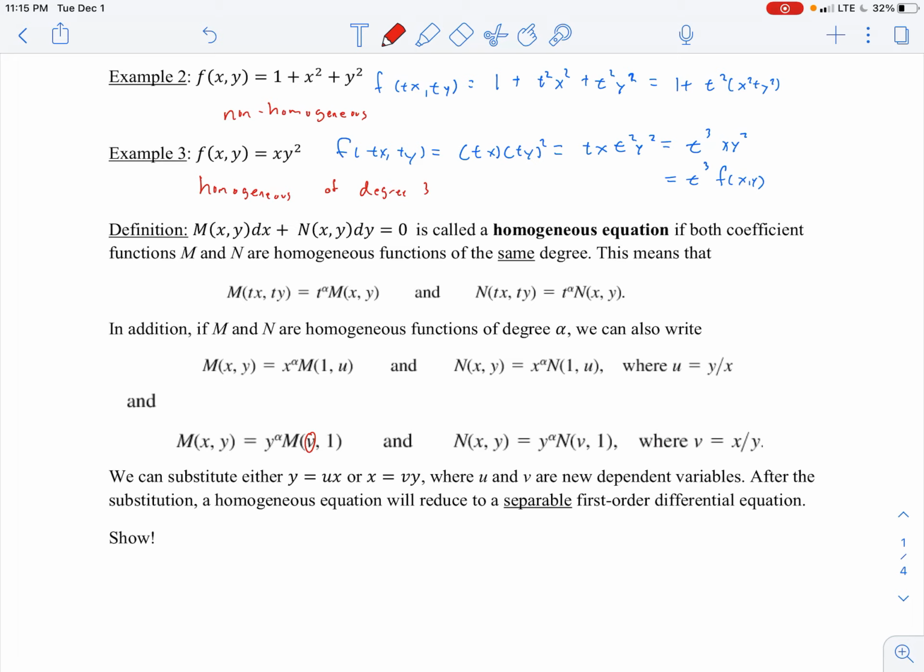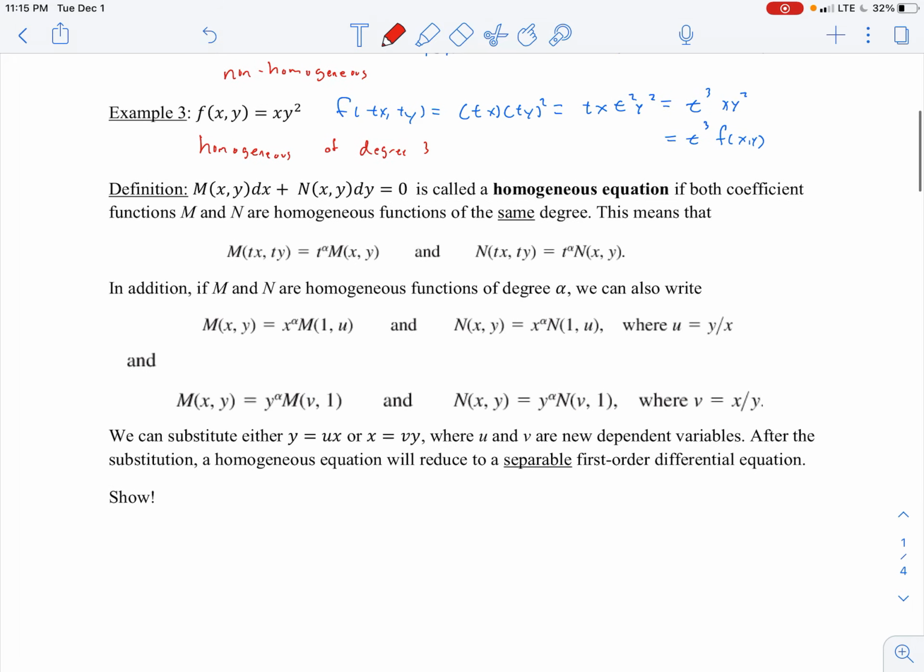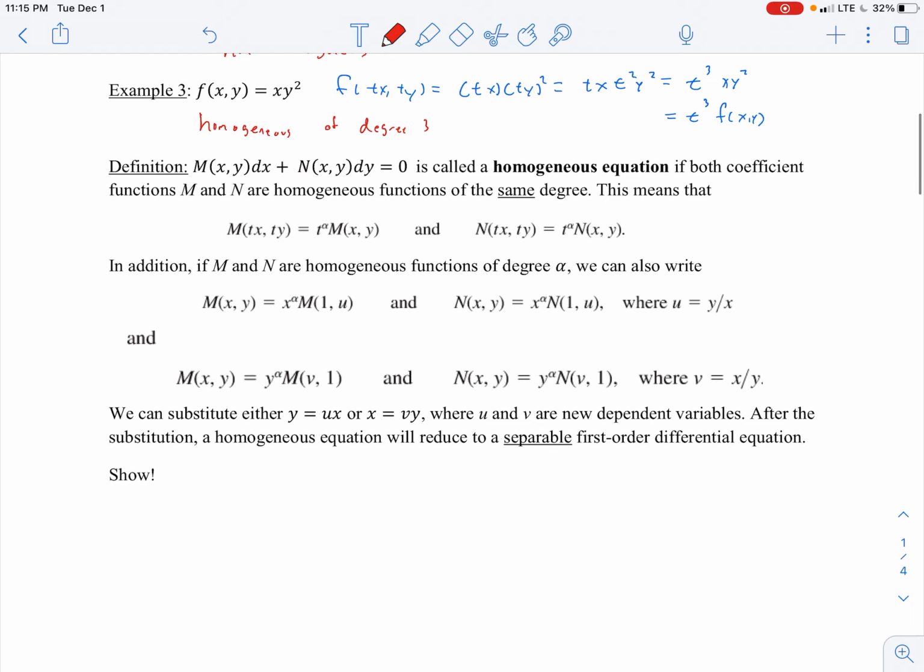In this case, v will take the place of x, because we're going to make v equal to x over y, and then since we're taking out the y's, what's going to go in there is going to be 1. So we can substitute either y equals ux, from the first one where u equals y over x, or x equals vy, and that's where this is coming from.